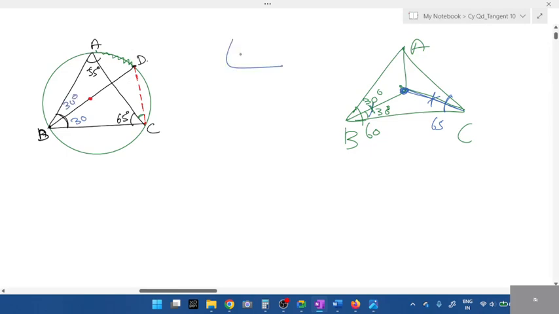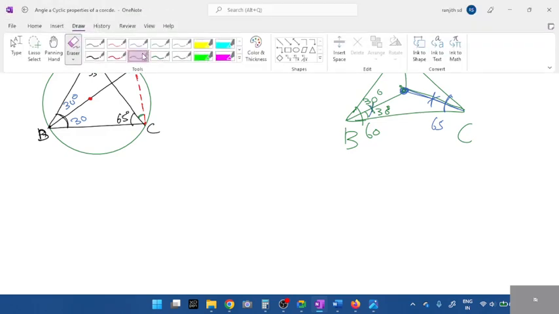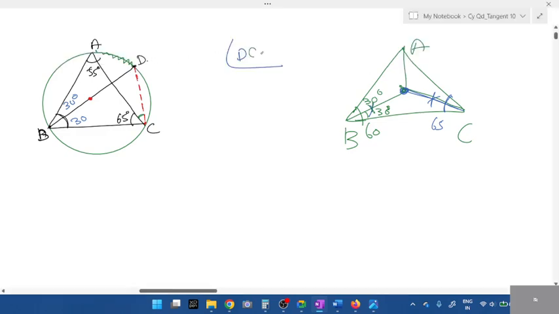Now, I want to find DCA, which is the arc. Angles formed on the same segment. See, if I erase this, you'll understand this part.